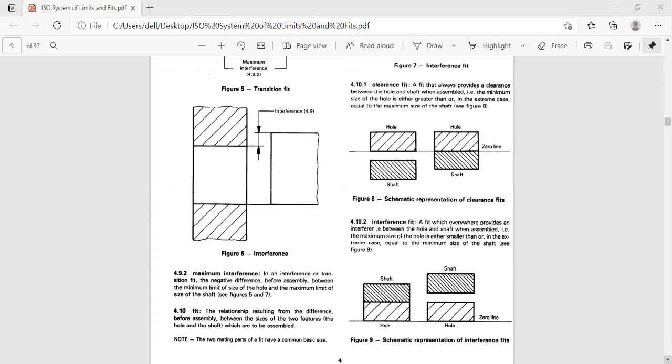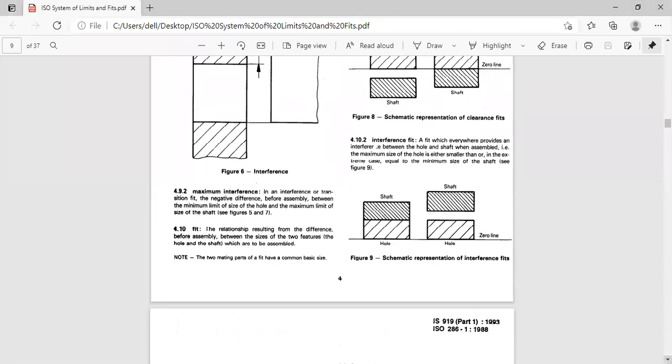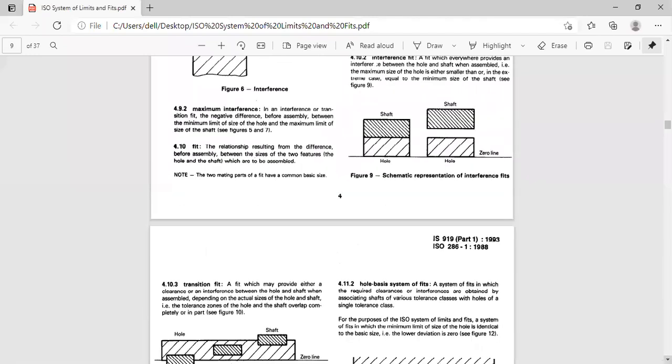I want you to first know the fundamentals, the logic behind the definitions, and the application of this in industry. Limits, fits, and tolerances are very important.